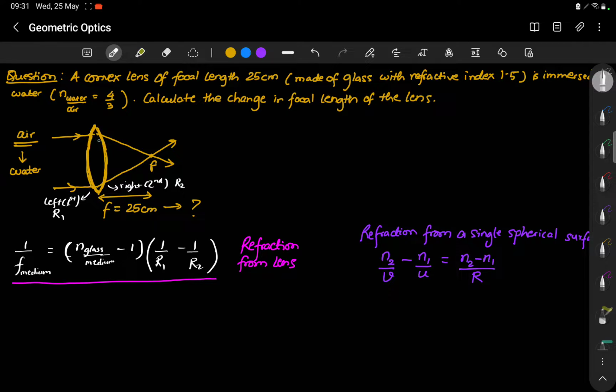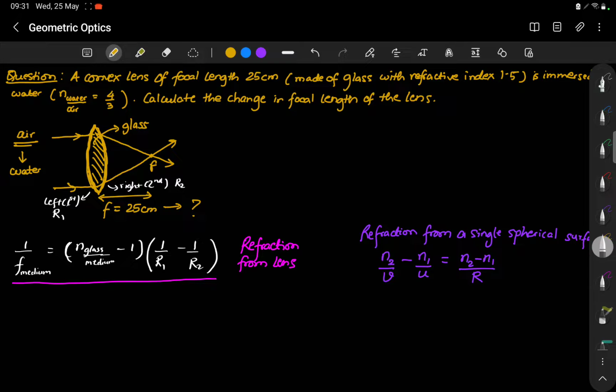Glass is the material of this lens, so this lens is made of glass, and this glass lens is immersed in some medium. So this is the refractive index of the material of the lens with respect to the medium in which the lens is immersed.